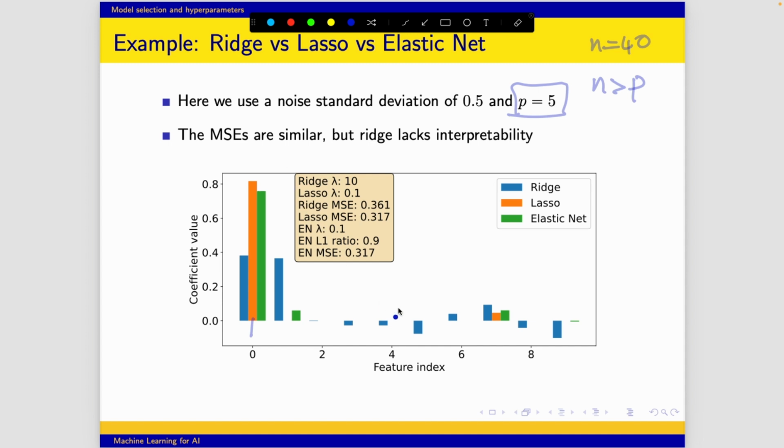And it also gives quite a lot of weight to some of the other features as well. So in this case, while the mean square errors are similar, Lasso still has identifiability and interpretability. Elastic Net is somewhere in the middle, although it also does pretty well.